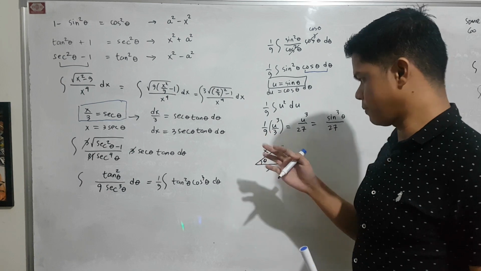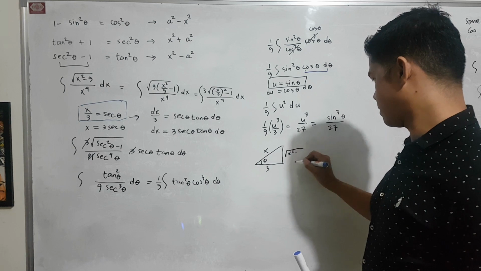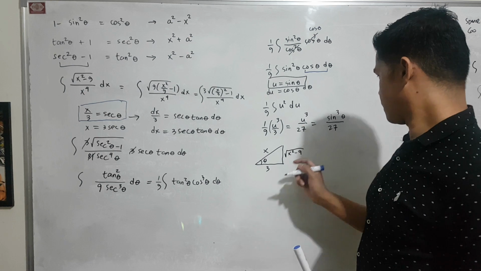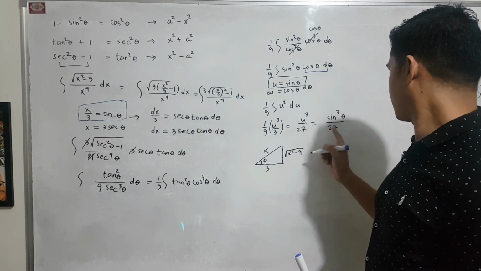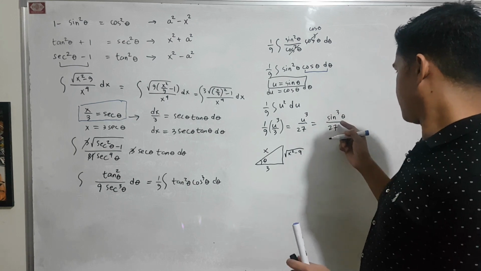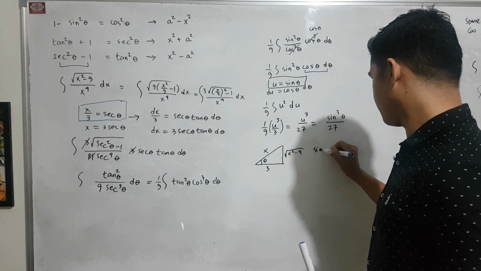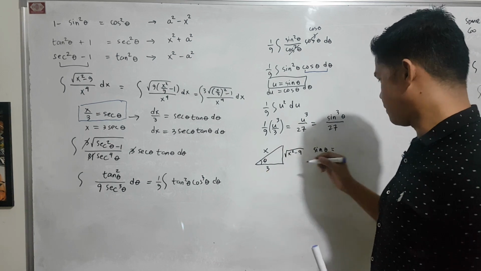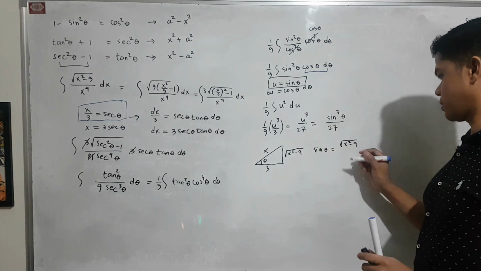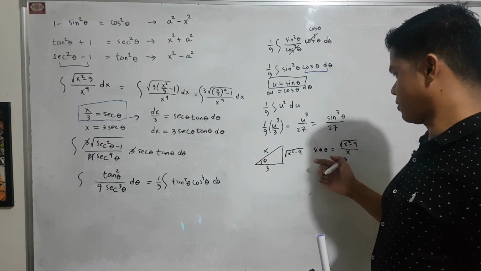Using the Pythagorean theorem, the opposite side will be the square root of hypotenuse squared minus adjacent squared, which is 9. So sine theta, using this triangle, is the square root of x squared minus 9 over x, opposite over hypotenuse.